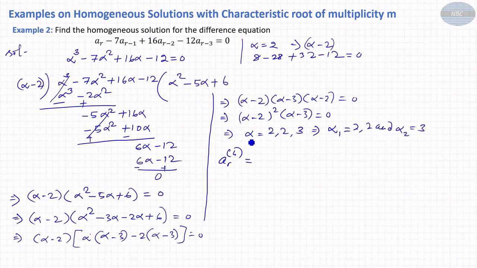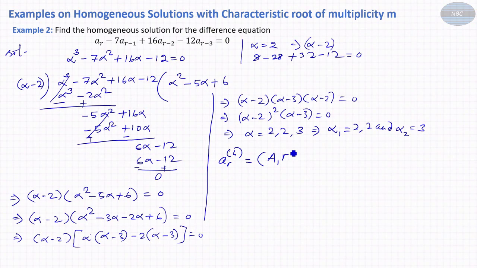Okay, so now it can be written as A1 r to the power m minus 1. So first we'll write down for this particular root 2 of multiplicity 2. So this is A1 r to the power m minus 1, where m is 2 here because 2 is repeated twice.